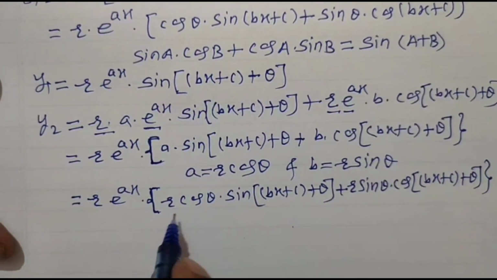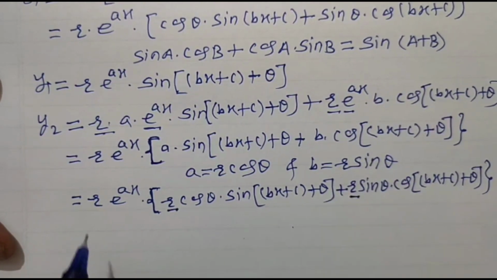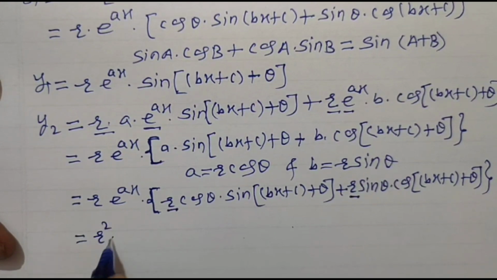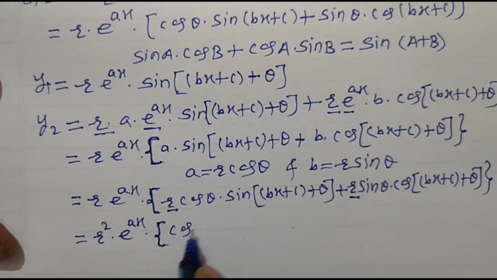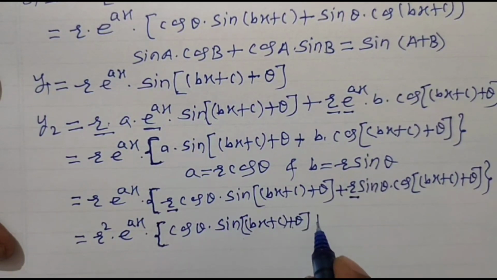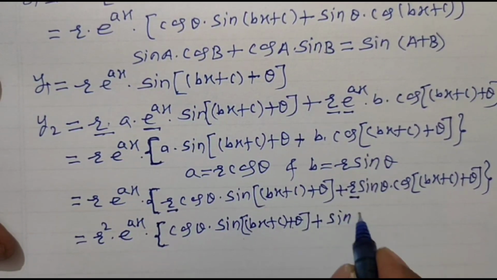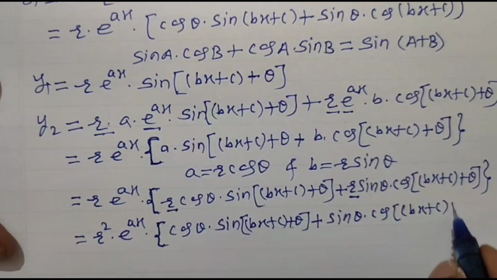Now you can take r common from first term and r common from second term. Hence r into r, that becomes r square e to the power ax as it is, into bracket remains cos theta into sine of bx plus c plus theta, plus sine theta into cos of bx plus c plus theta.